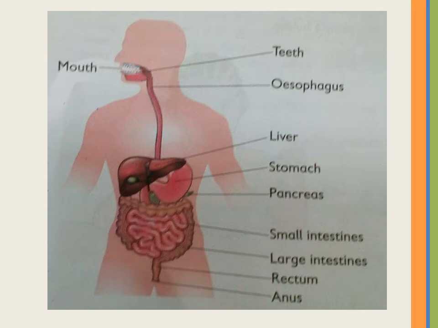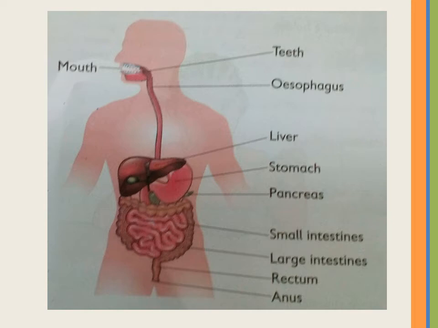So the picture you are seeing is what we call the digestive system. The digestive system is a tube that runs from the mouth to the anus. It is also called the alimentary canal.